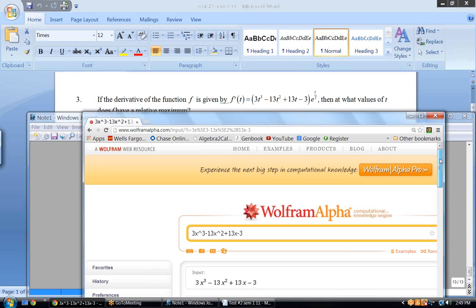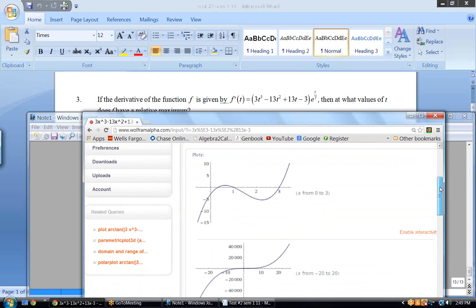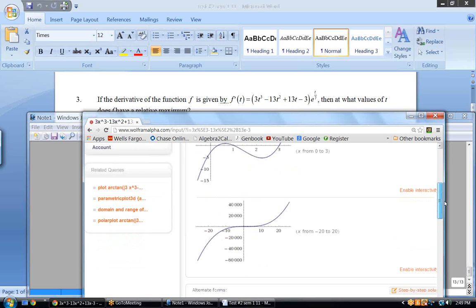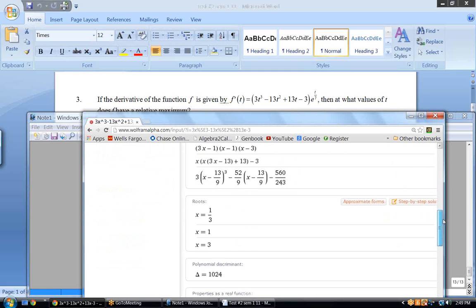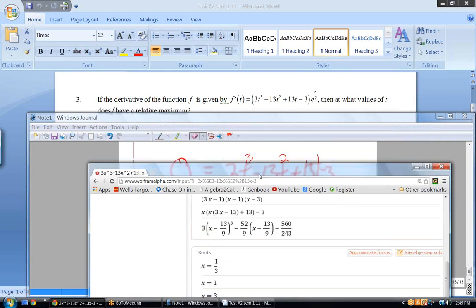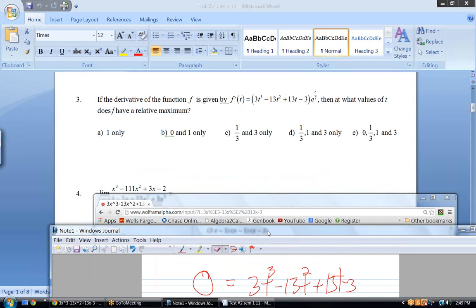Okay. So there are zeros here, here, and here. And those zeros are 1/3, 1, and 3. Isn't that beautiful how they give you all the roots like that? So 1/3, 1, and 3, D.